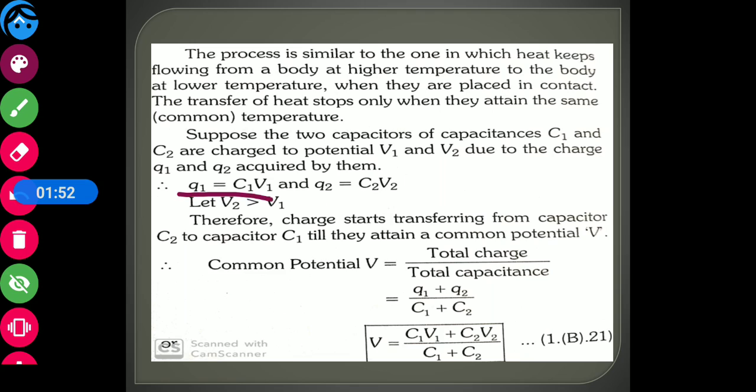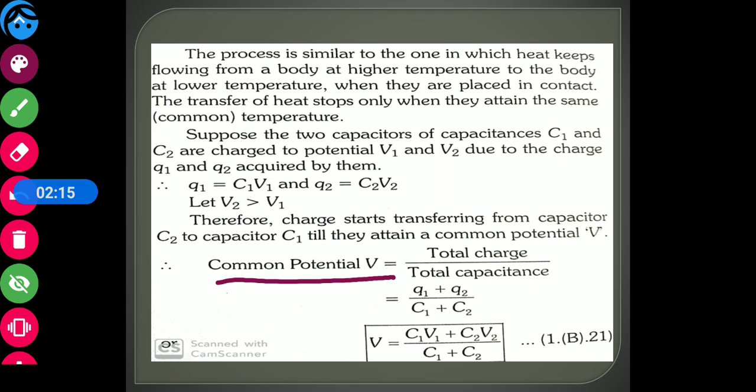Then Q1 is equal to C1 V1 and Q2 is equal to C2 V2. Let V2 be greater than V1. So charge will start flowing from capacitor C2 to capacitor C1 till they attain the common potential V.